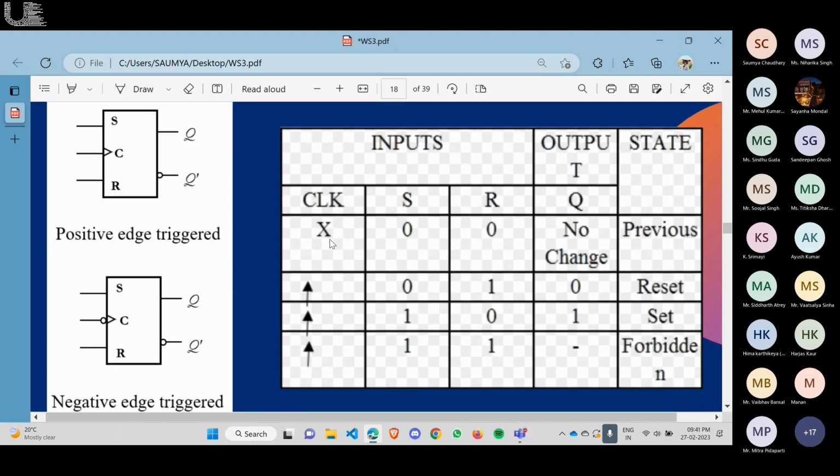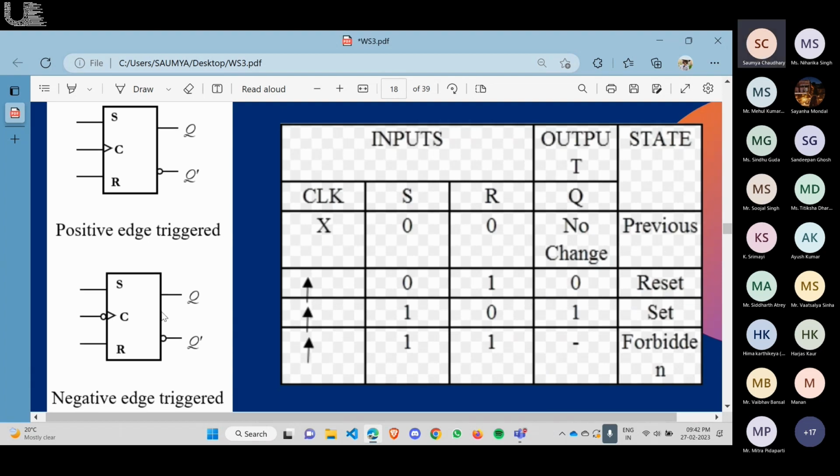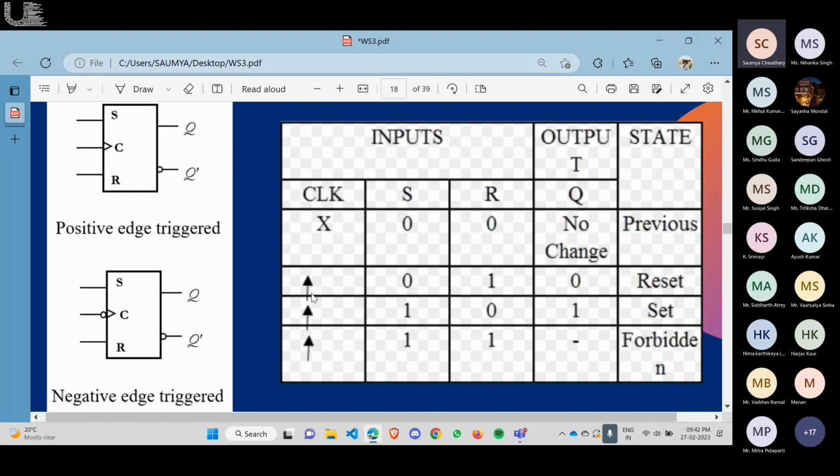The inputs: X means whatever the clock is, if the input of SR is 0, 0, there will be no change in the output. The state will be the previous one, the previous output. And when the clock is going from 0 to 1, the output will behave according to the input.